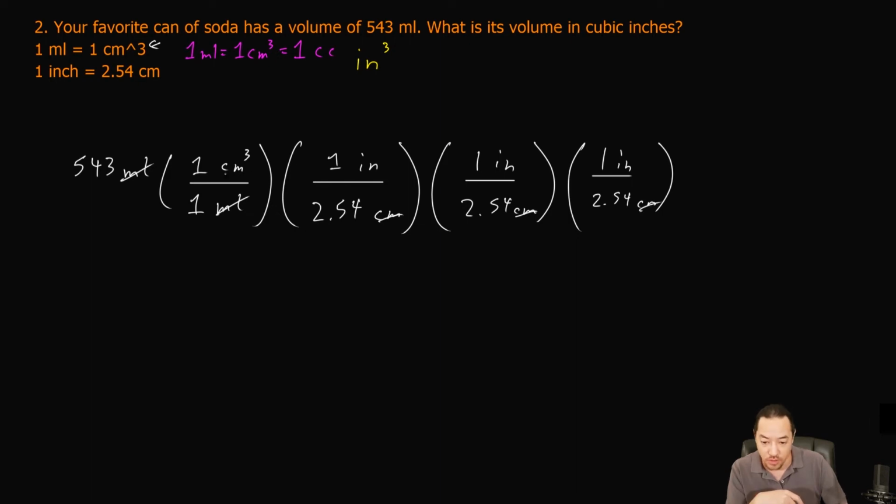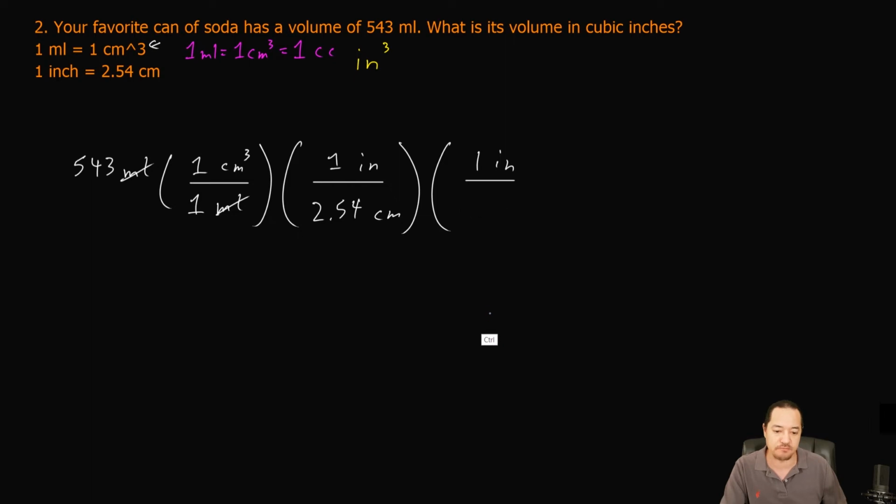And that would cancel out all 3 of those, and then we would end up with inches cubed in the numerator. So that's one way we could write it. Obviously, it's a little bit long. So usually what we do is we just cube the conversion factor here, and it accomplishes exactly the same thing. So let's write it down this way.